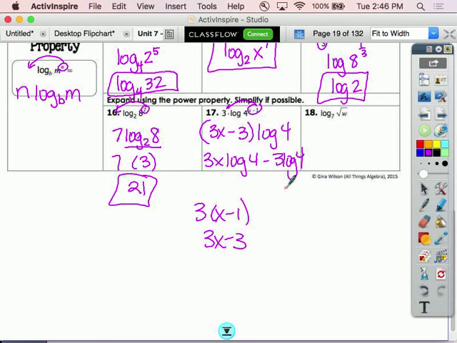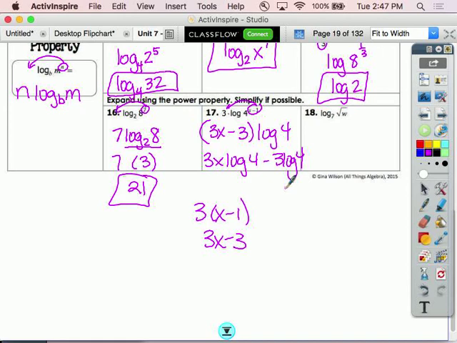Okay. And this last one can be a little confusing because you don't see an exponent. Who can tell me the hidden exponent? What is it? Not 1. It's a fraction. 1/2. Where are you getting 1/2? The square root is a hidden exponent.